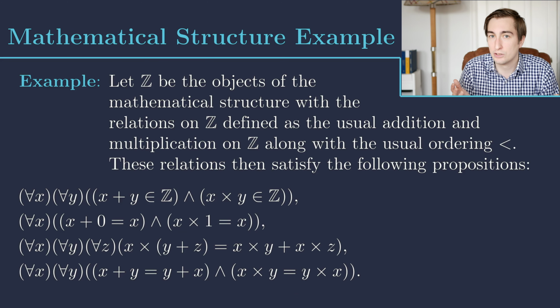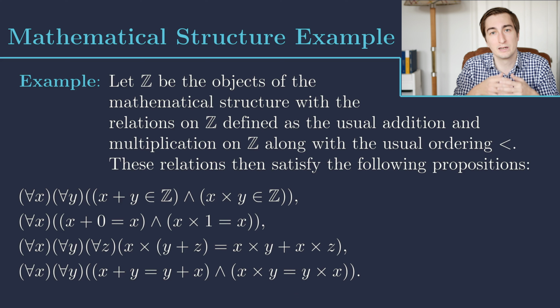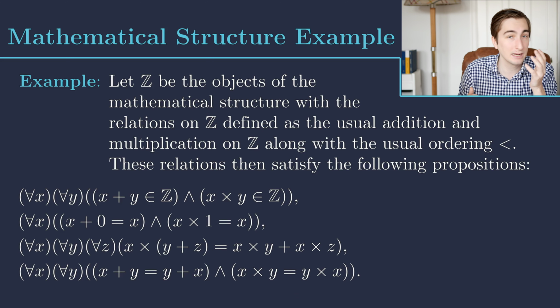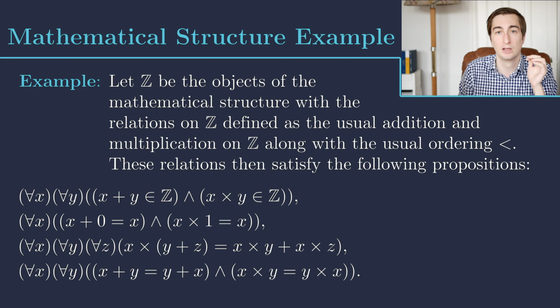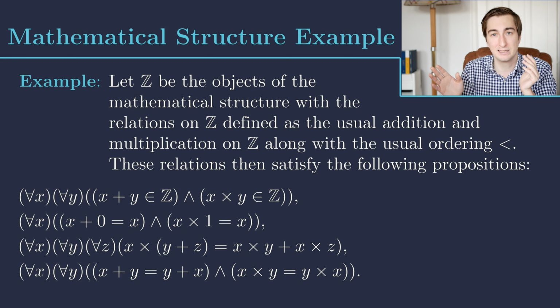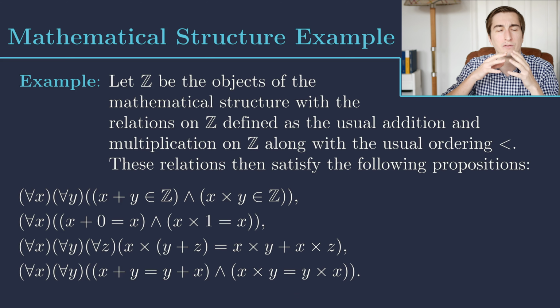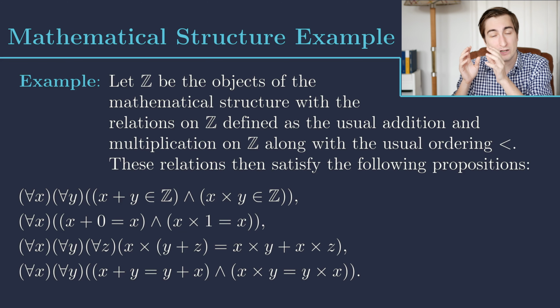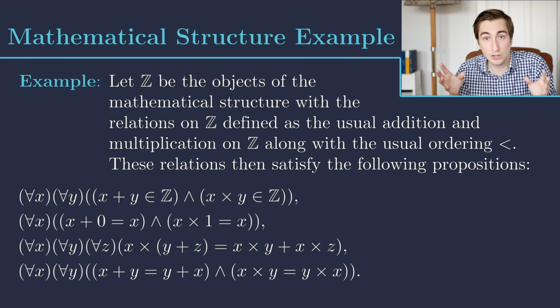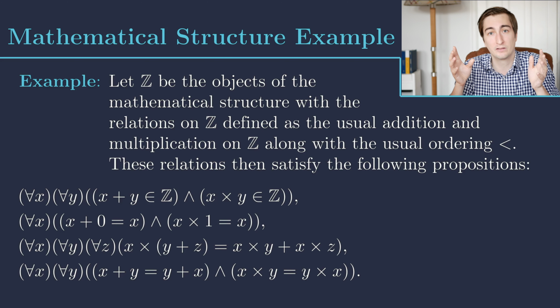Now, how would I try and construct this if I was doing it in an axiomatic way? Well, you see, again, it wasn't so important what the set was, what the objects were. I could change this now, right? I could remove Z, make it any set, and then just define an operation that I call addition, multiplication, and ordering. And I'm not going to specifically say what that is now because I don't know what the actual elements of my set are.